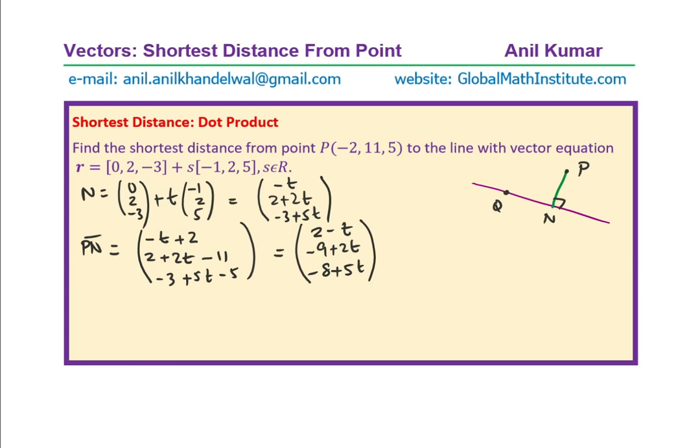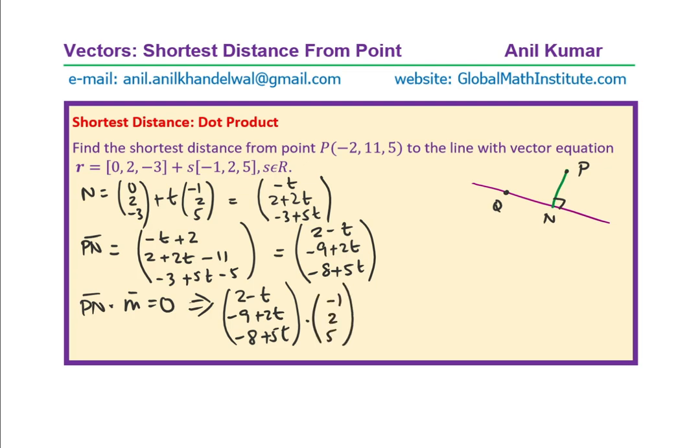That is Pn. Now we know that Pn dot m should be equal to 0, right? So that really means (2 minus t, -9 plus 2t, -8 plus 5t) dot (-1, 2, 5) equals 0.